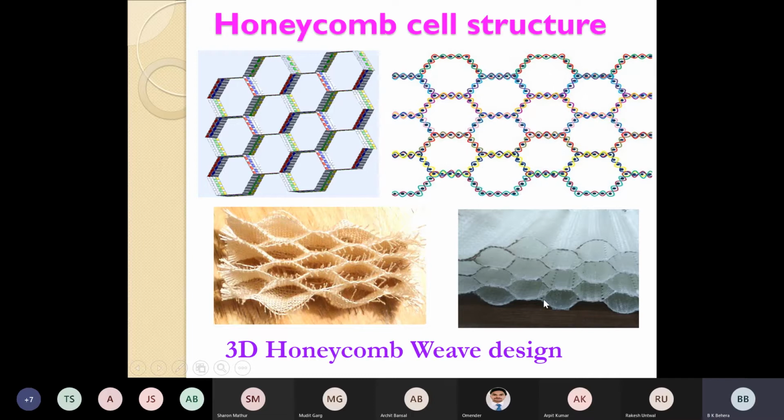Honeycomb composites, what you see here, are used as the outer body of aircraft. First, this honeycomb fabric is produced, then converted to composite material, then used as the floor and the outer body layer of these aircraft. Wherever you need high impact force, this structure has the ability to absorb impact energy to a larger extent.